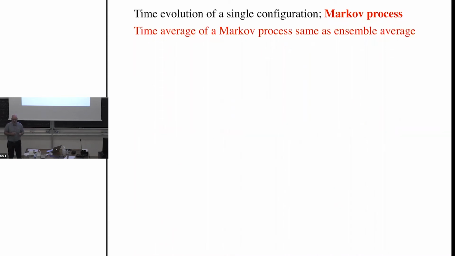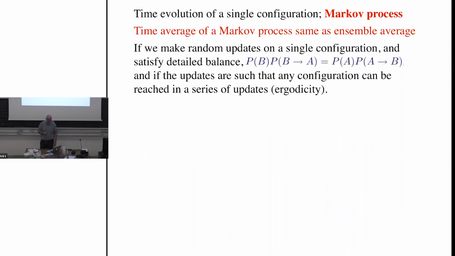But then it's also a fact that even if you have only one and follow it as a function of time, the whole series of configurations as a function of time will have the same statistical properties as the ensemble at a given time, if you are in equilibrium. So as long as my single Monte Carlo simulation satisfies the detailed balance condition, I will generate the distribution.